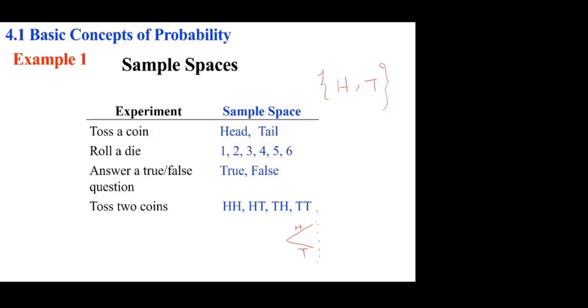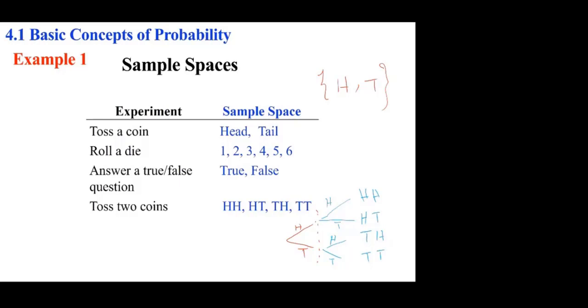Now, in order for you to go to the next, it is a good idea to keep track by having the H at top again and T at the bottom. Does it make any difference if you don't do that? No, but it helps if we are consistent. And so this one is HH, HT, TH, and TT, giving us 4 outcomes.